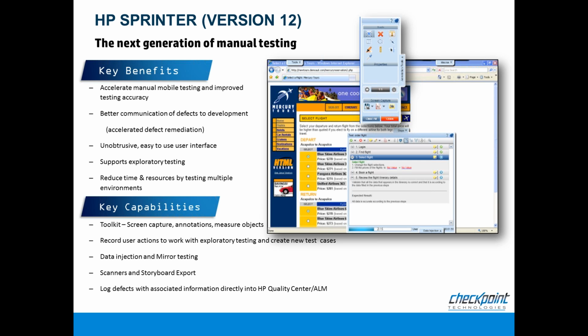So Sprinter again is a tool that supports manual testing. It enhances manual testing. It can interact with objects in the same way that UFT can. It enhances the recording or creation of tests in such a way that, as far as exploratory testing, you can hit record and go through a scenario, maybe an unscripted scenario.